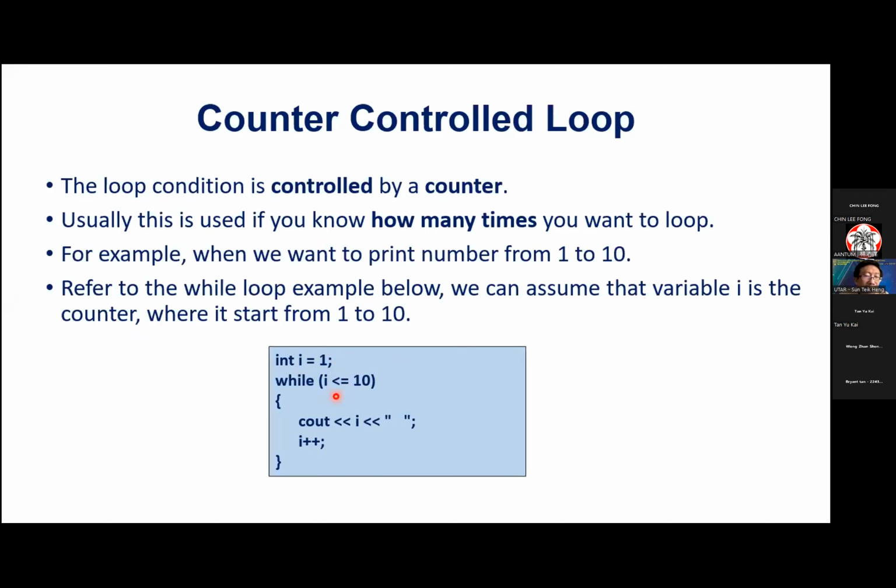So every time we go into the body of the while loop, you can see here we will increment the value of the variable I by 1. This will ensure that at one time, when the value in the variable I is not less than or equal to 10, then the while loop will be able to terminate.